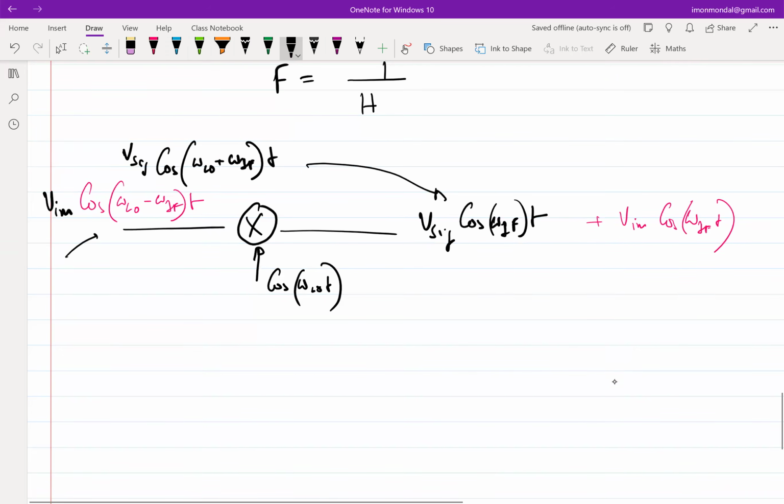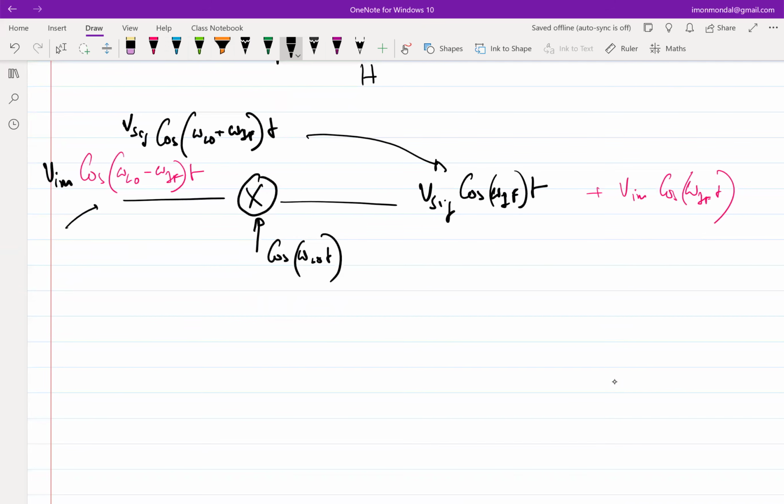But let's say that instead of using a cosine omega LOt, I multiply with a sine omega LOt. I can use either; it's phase shifted. The input is still whatever I have.